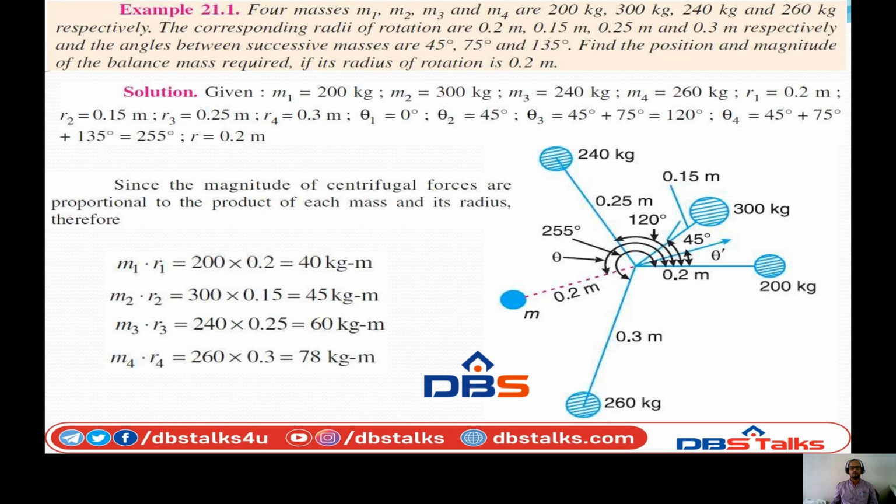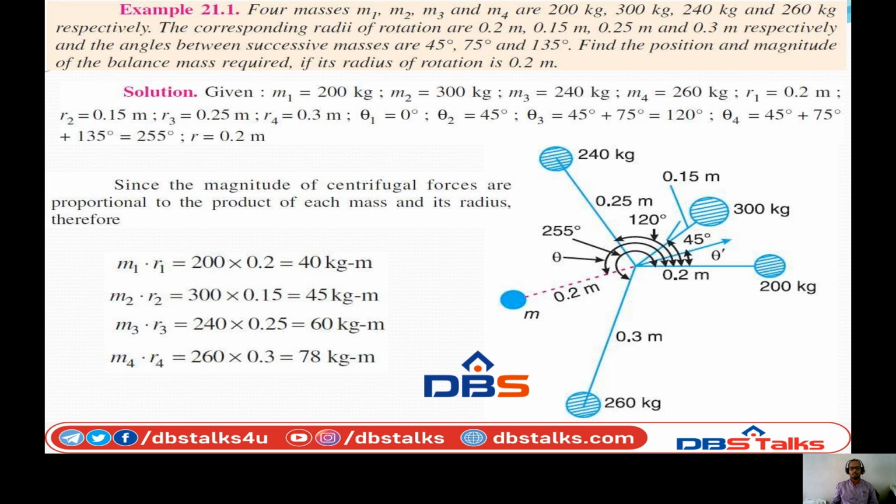But what is the position of the first mass with respect to the reference? There was no angle given for that. So let us consider the first ball mass as a reference for positioning the remaining three masses. Here I am taking the first ball mass, that means the 200 kg mass, as a reference, kept on the x-axis.